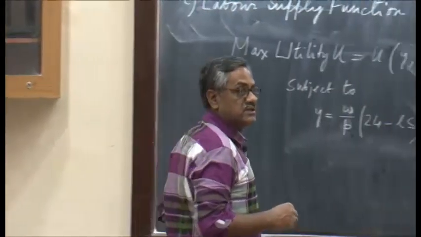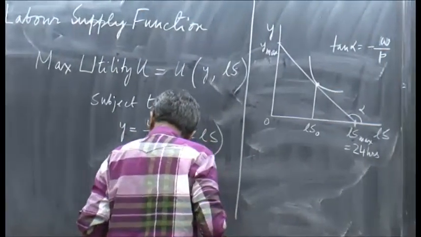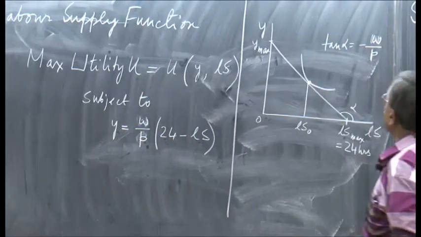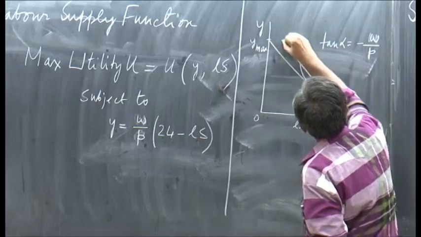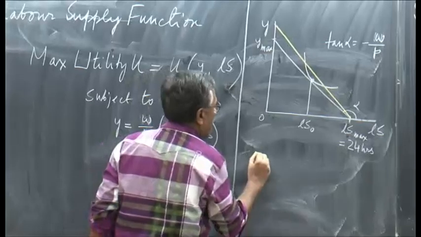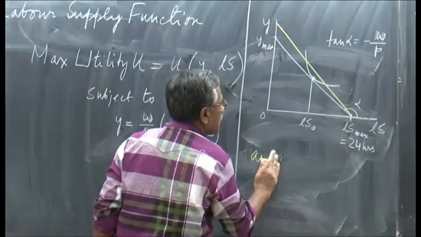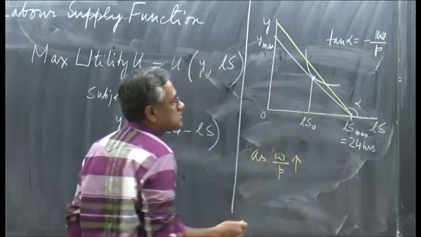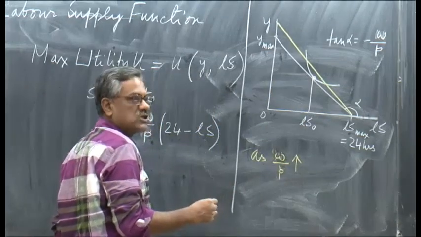Now, suppose I give an incentive to the householder. I say, you're going to get a higher wage. The poor fellow hasn't been earning enough. But with the higher wage, he gets very excited and starts working harder. So what would happen is that at a higher wage, the budget line becomes steeper as W over P increases, and the person works harder.